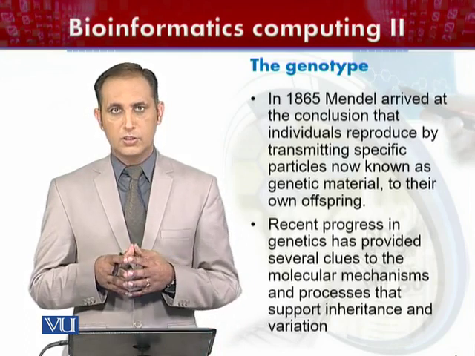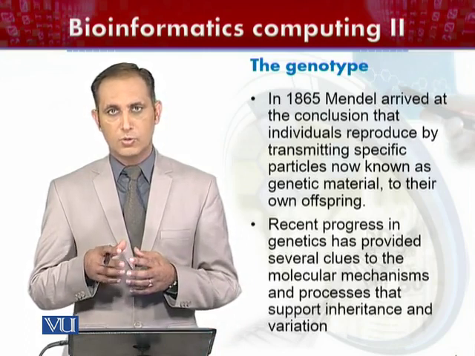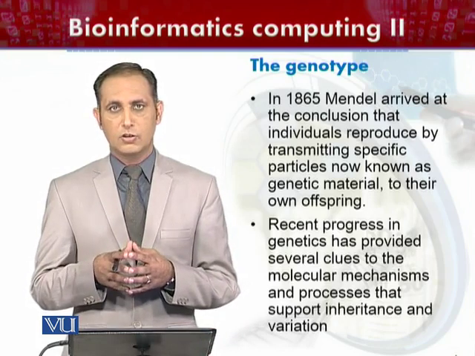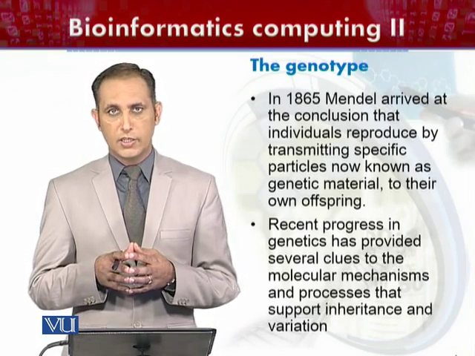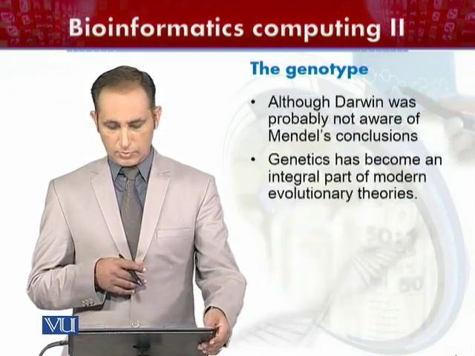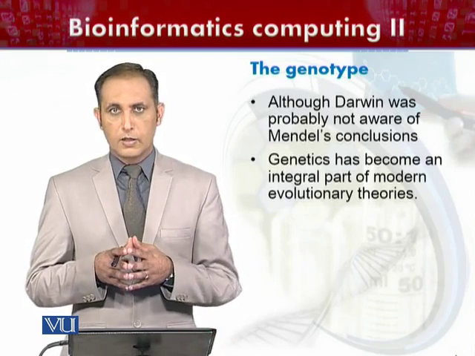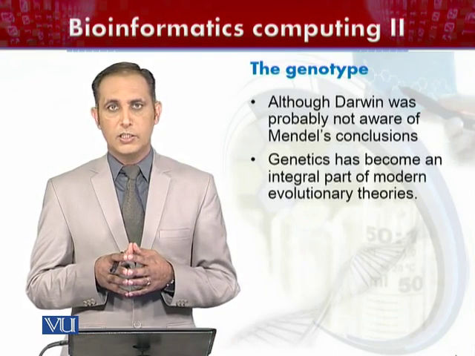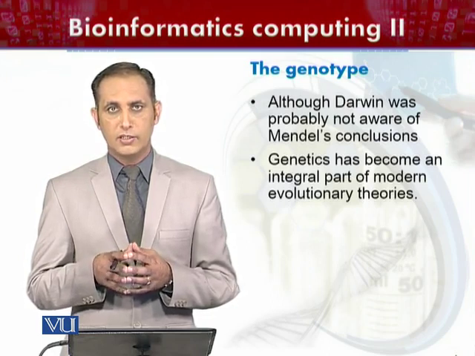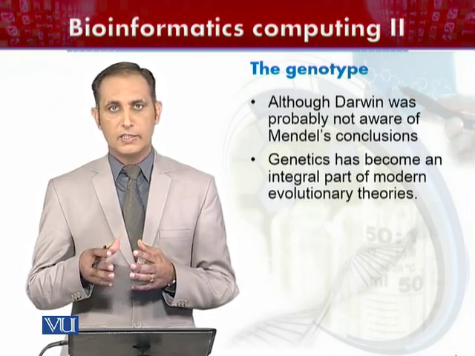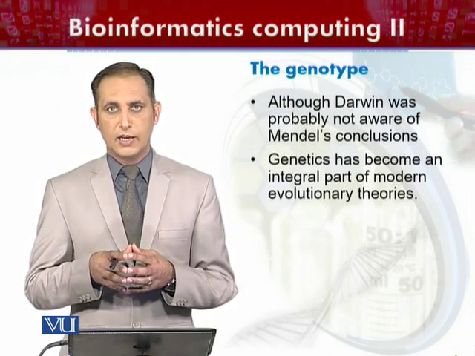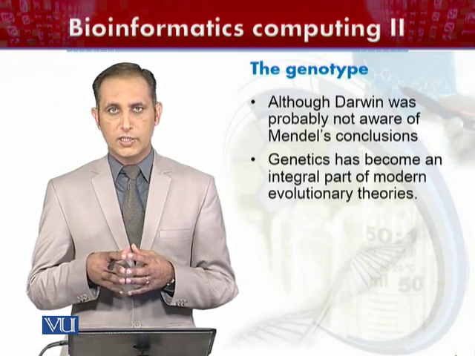And recent progress in genetics has provided different types of clues to confirm the existence of variations and transmission of characteristics from parents to offspring. When Darwin was postulating his theories of evolution, he was probably not aware of the work of Mendel, and that's why at that time the theories of evolution did not rely on genetics.